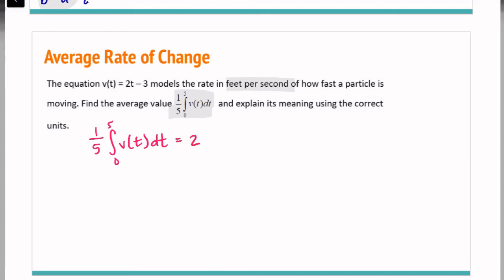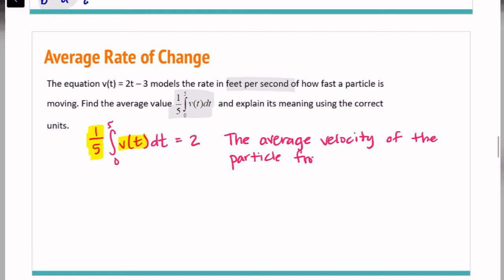Okay, so remember, I have a fraction and I have v of t, so that's going to be telling me the average velocity of the particle from 0 to 5 seconds. Okay, you always have to have units. The average velocity, now make sure that our answer has units for velocity.